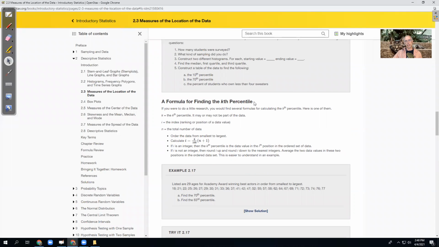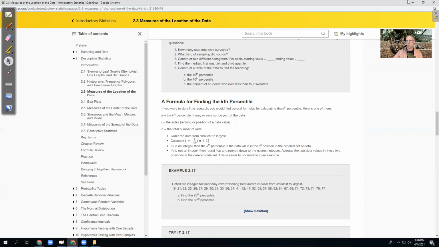Here we go. For the kth percentile, we have k, which is the percentile, like the 25th percentile, or the 50th percentile, or the 75th. i is the position in the list of the number, and then n is the number of elements in the data set. So first we order it, then we use this formula to find the position, and then we figure out which number or numbers fit that position.